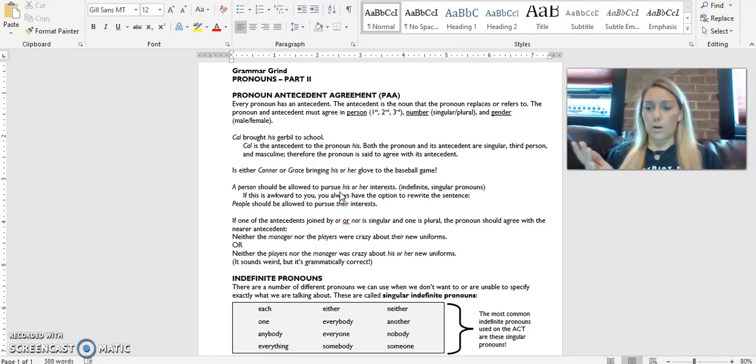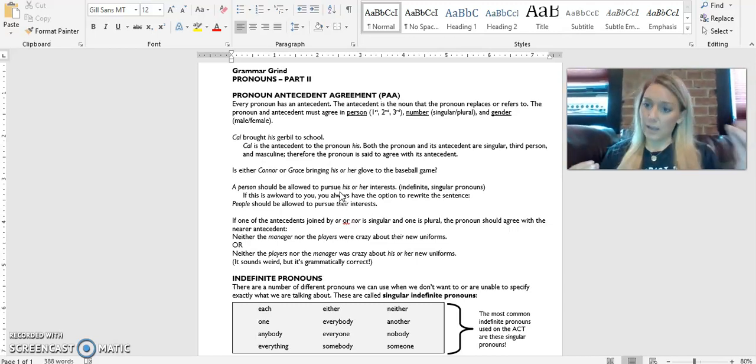Now, in the year 2020, there's a lot of people that don't want to be defined as a him or a her, right? So instead, companies use the plural form and they say their because it's more all-encompassing, right? So even though they know they're grammatically incorrect, they do it anyway so that they can be politically correct. However, it's still wrong. It's still grammatically wrong, okay?